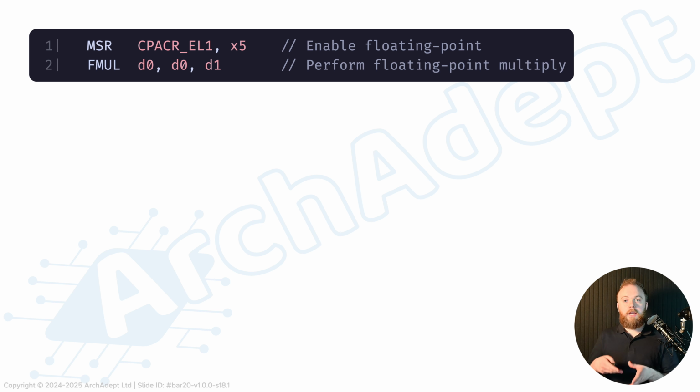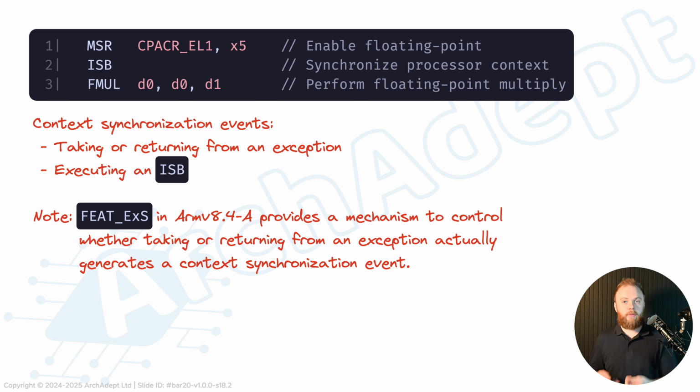In fact, even if the MSR had already been architecturally executed sometime earlier, it's still not guaranteed to actually have any effect on CPU behavior until the next so-called context synchronization event. That is to say, either taking or returning from an exception or executing an Instruction Synchronization Barrier, an ISB.